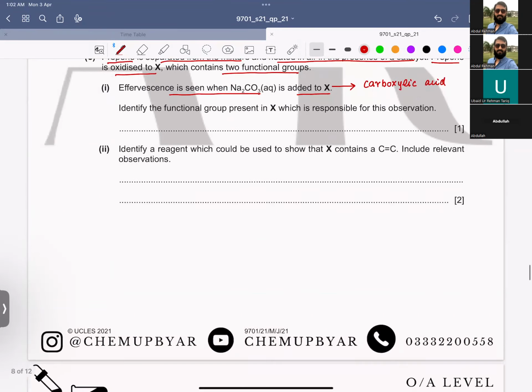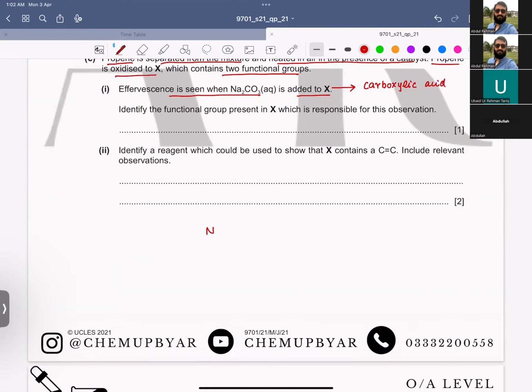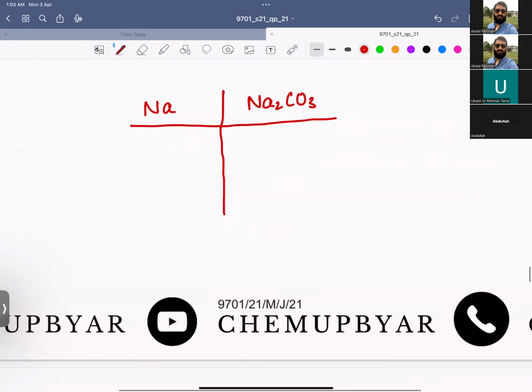Let me remind you again. If I have sodium metal and let's suppose I have sodium carbonate. With these two inorganic substances, with sodium metal, alcohol and carboxylic acid both react.